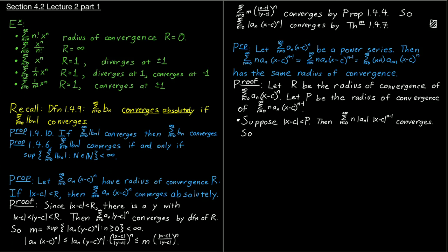So in this case, we're going to go ahead and multiply by |x - c|. That converges. And then just the comparison test.